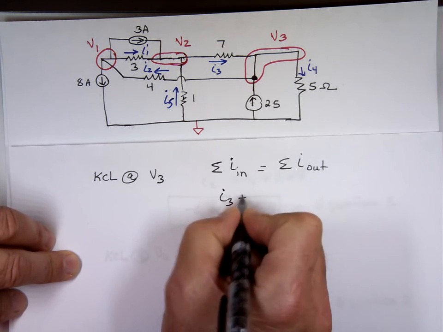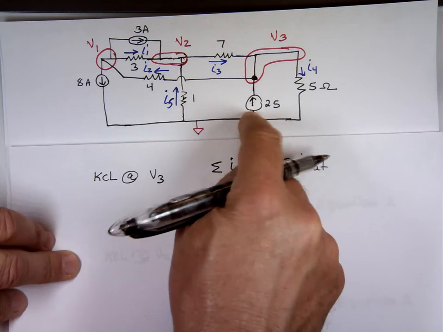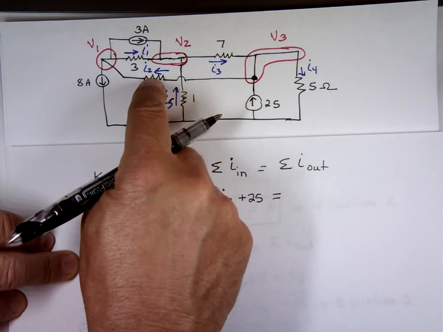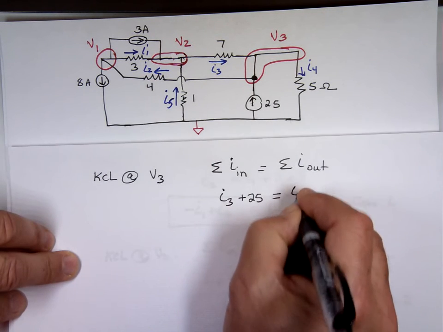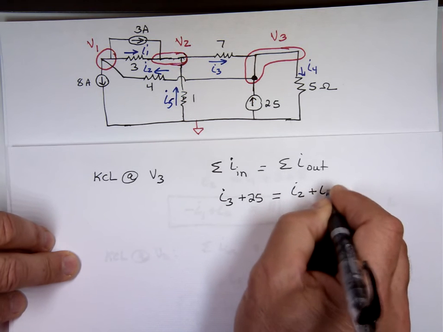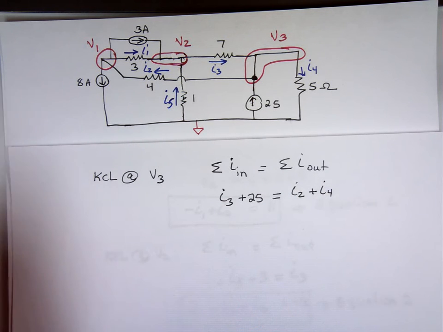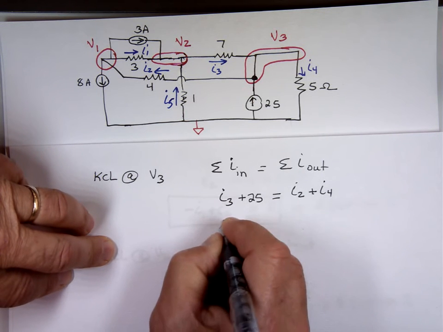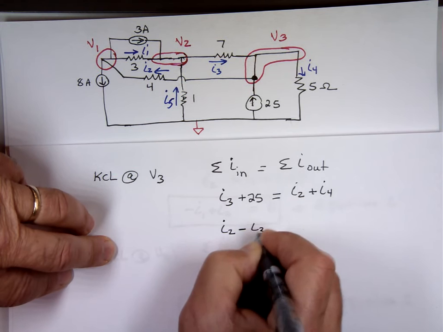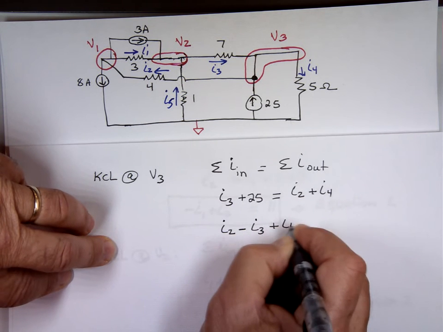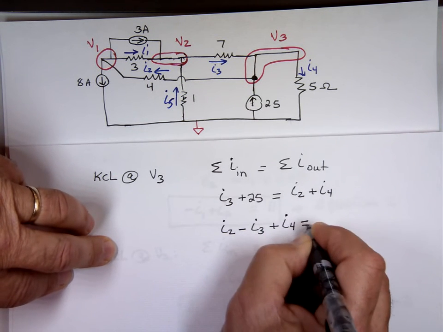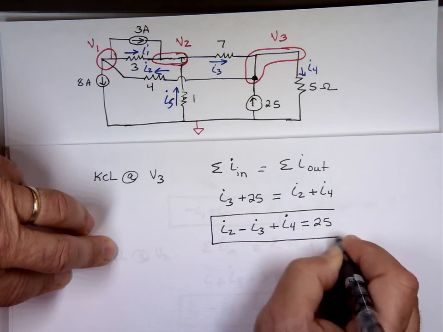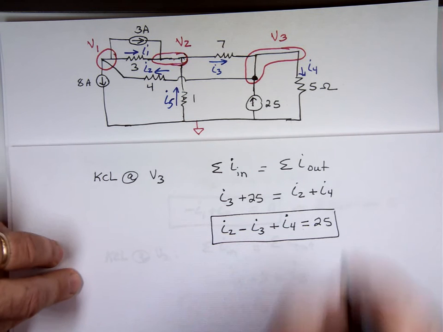Can you see the 25 on the bottom? Oh, yeah. What's leaving? I4 and I2. If you clean it, you move the I sub 3 there, you get I sub 2 minus I sub 3 plus I sub 4 equals what? 25. Equation 3.